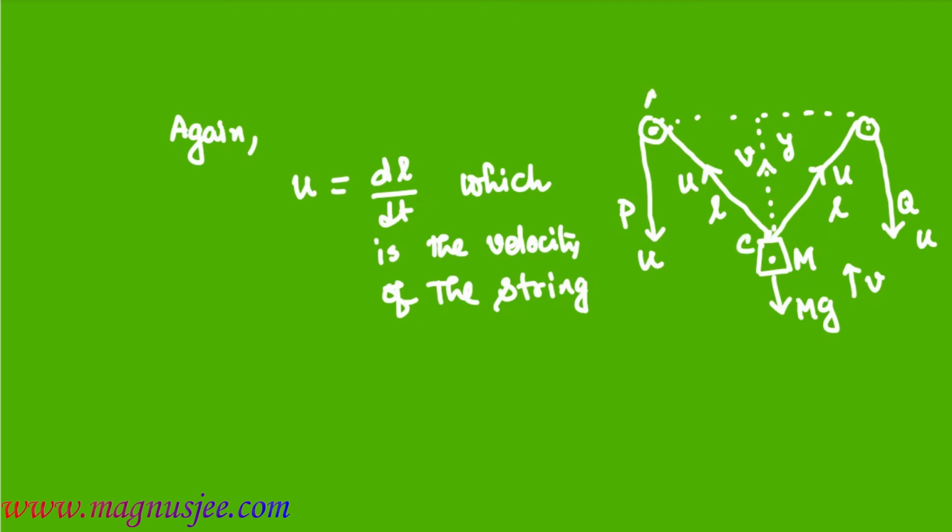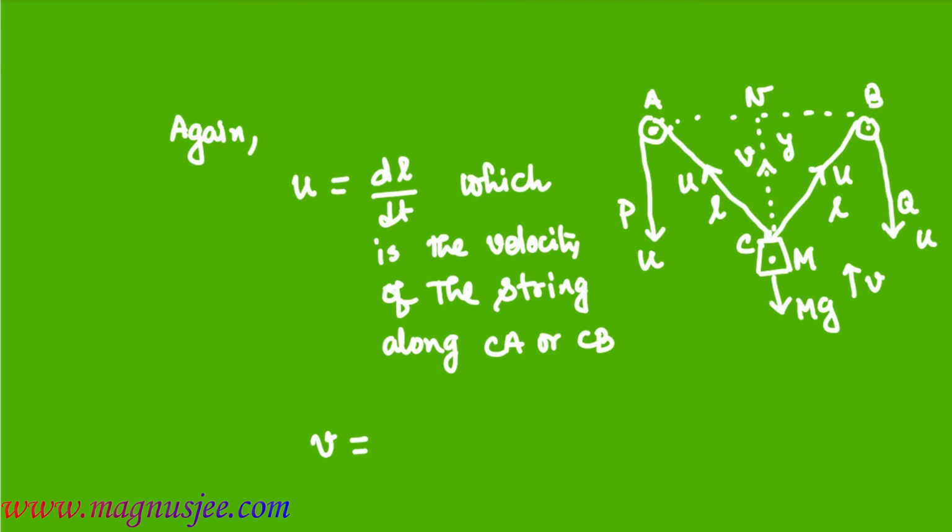C is the point from which the mass is suspended, and AB is the distance between the two pulleys. u equals dL/dt, which is the velocity of the string along CA or CB, along the oblique portion of the string.